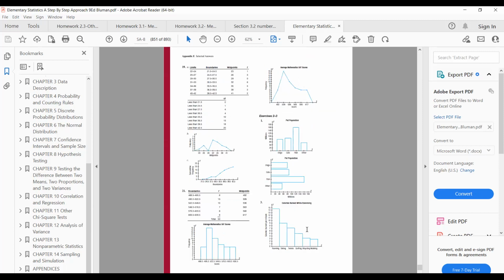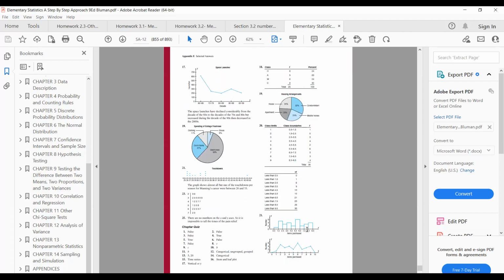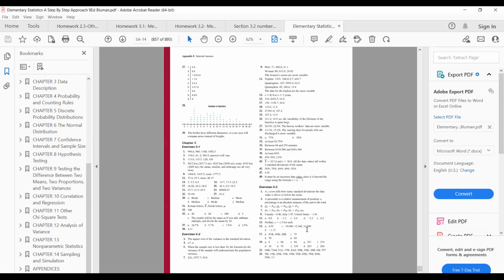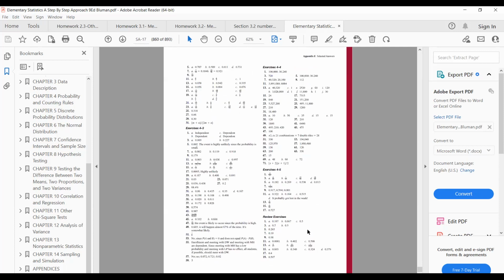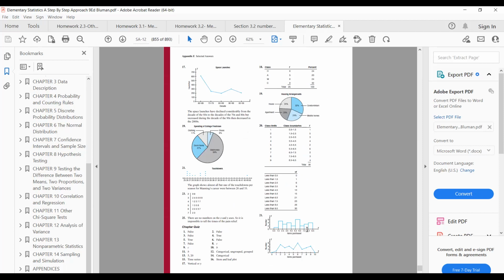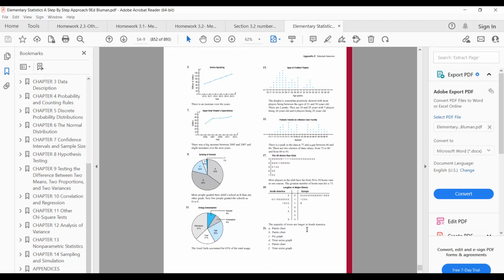I'm trying to see if I can find where 90, 32, this is not it. That's not it. She must have taken it from somewhere else because I don't see anything.